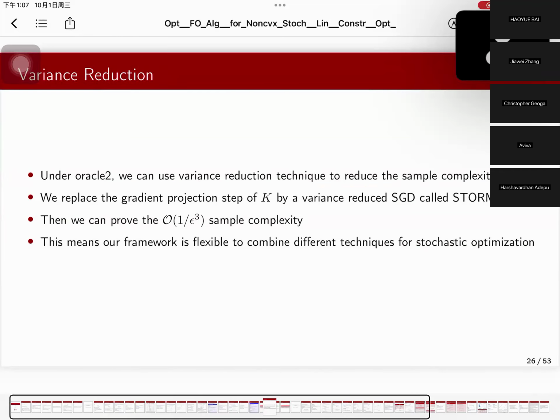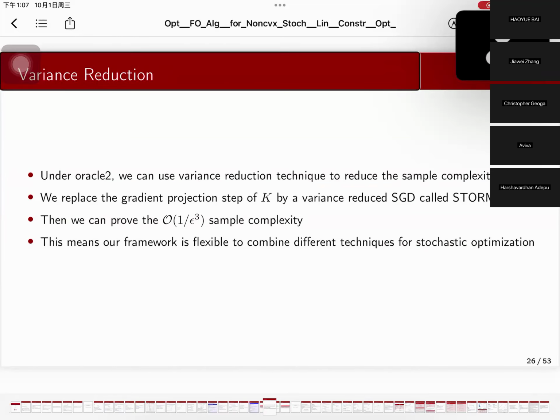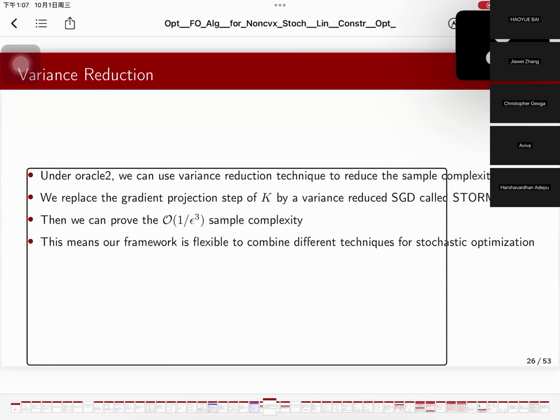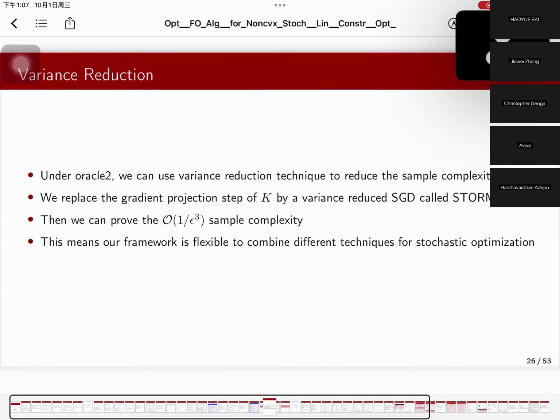Next, let's briefly talk about variance reduction. Under Oracle 2, we can use a variance reduction technique to reduce the sample complexity. Because of the time limit, I will be quick.